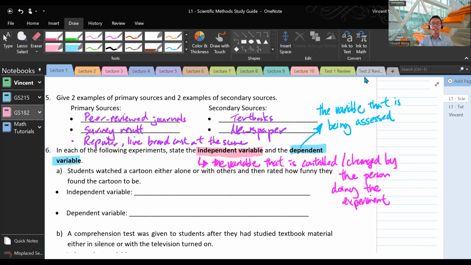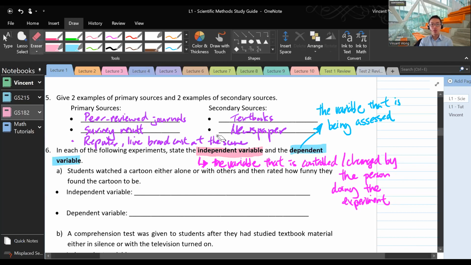So in general, in an experiment, the purpose is to change the independent variable and then see if that has any effect on the dependent variable. Again, slowly, the purpose of an experiment is to determine if changes in the independent variable will have any effect on the dependent variable.